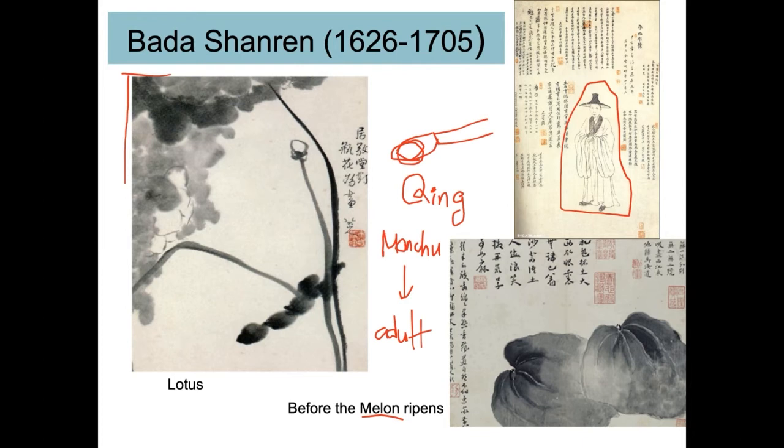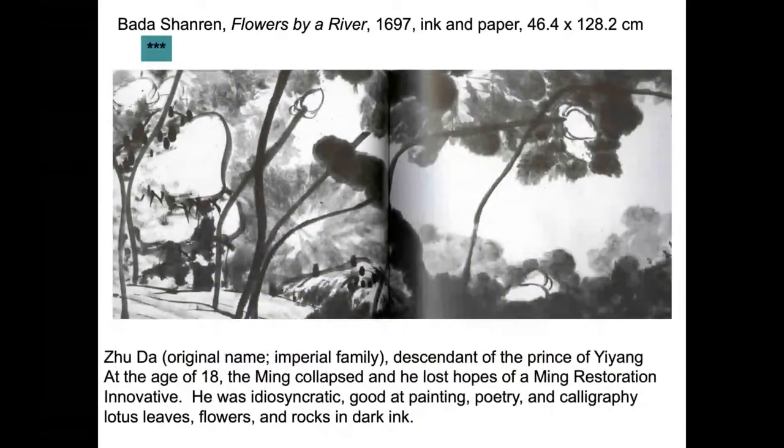So becoming a Buddhist monk or a Taoist monk was a good excuse to escape that dress code. If you are a religious member, you are not going to be asked to dress like a Manchu. So this is Bada Shanren's identity as a loyal Han subject or Han citizen. Bada Shanren himself was a member of the imperial family. His last name is Zhu, so he was a descendant of the Prince of Ming Dynasty.